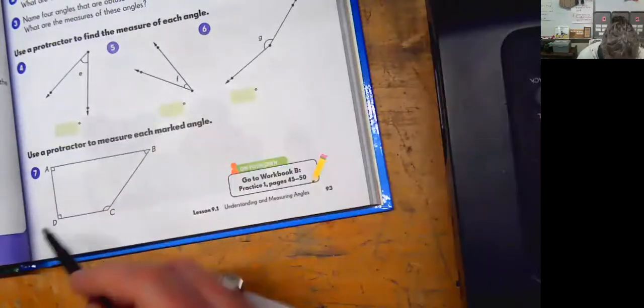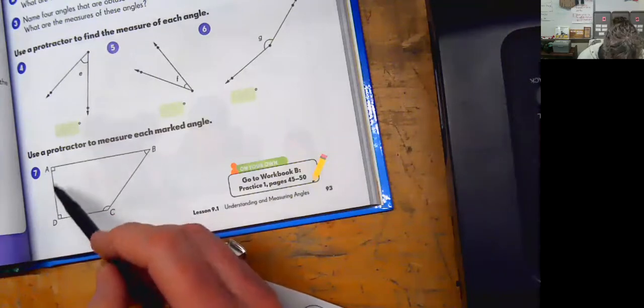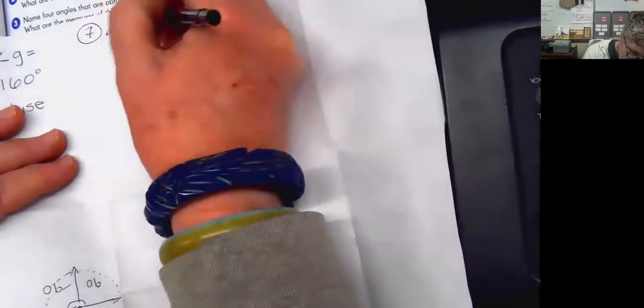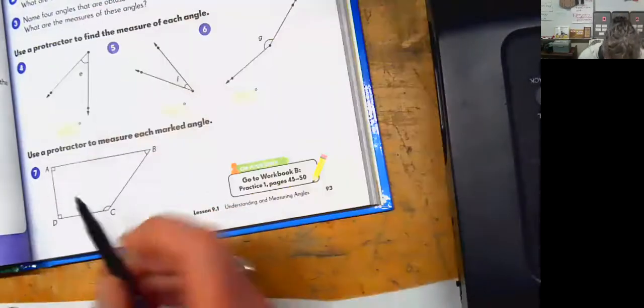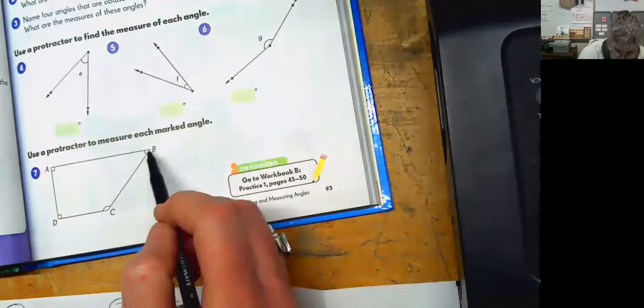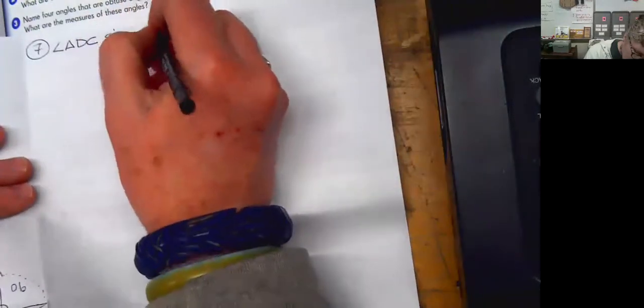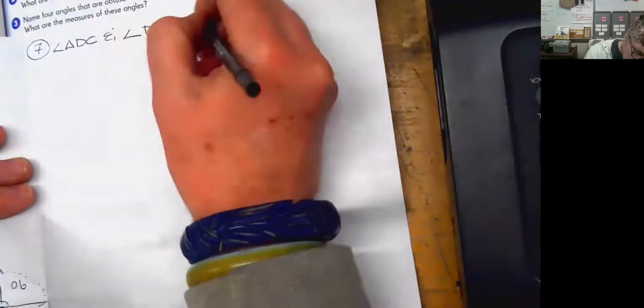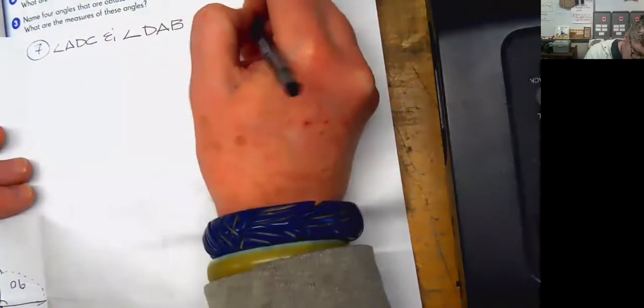So I'm going to call these by their name. This would be ADC. So I'm going to say angle ADC and angle DAB are 90 degrees.